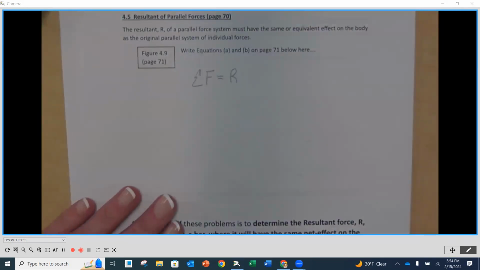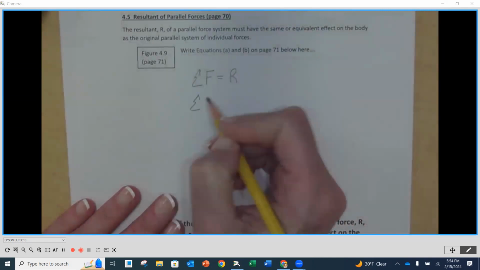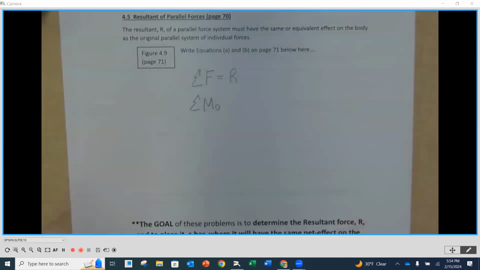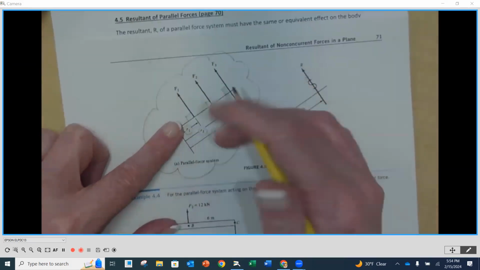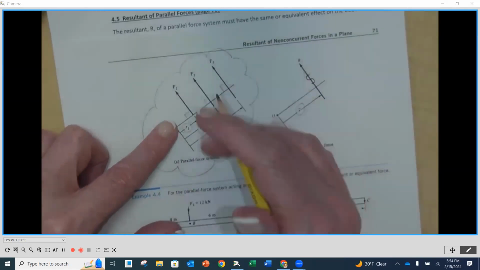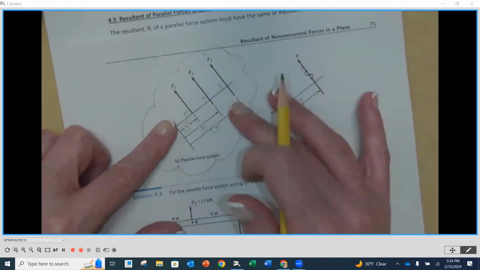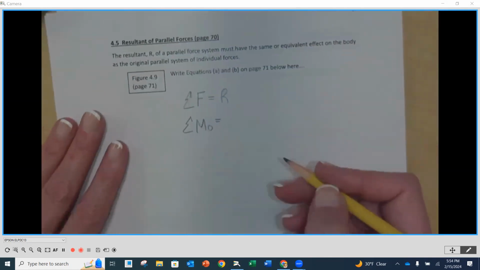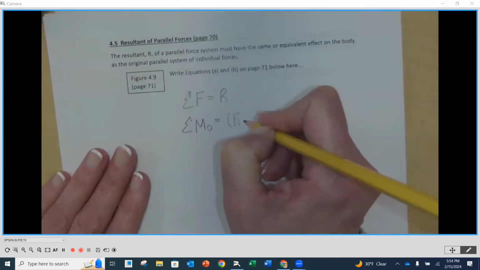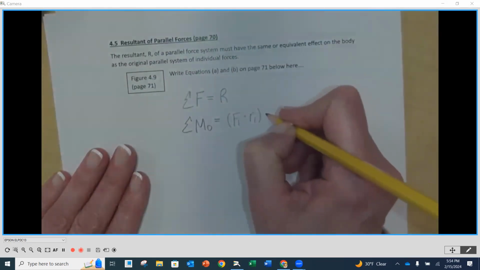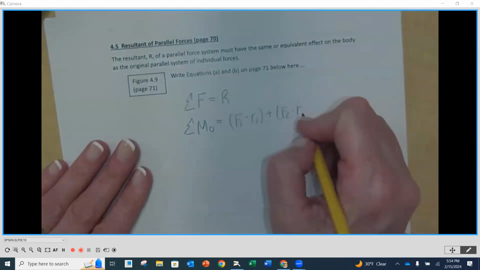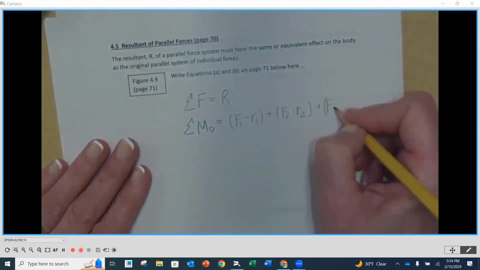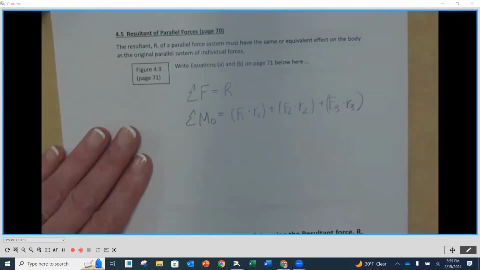The next thing to keep in mind is that we sum our moments about, in this case on that next illustration, point O. That's equal to, and we put our finger on O, F1 times R1, plus F2 times R2, not R bar, R2, plus F3 times R3, corresponding to each one.